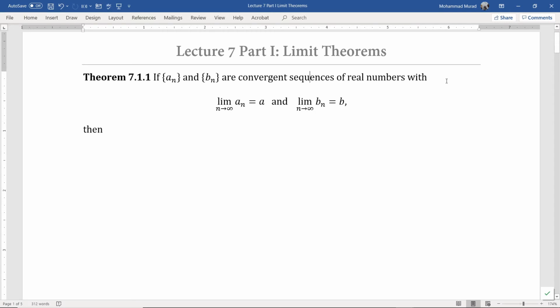Theorem. If a sub n and b sub n are convergent sequences of real numbers with the limit of a sub n as n approaches infinity equal to a, and the limit of b sub n as n approaches infinity equal to b, then the limit of a sub n plus b sub n as n approaches infinity equals a plus b.